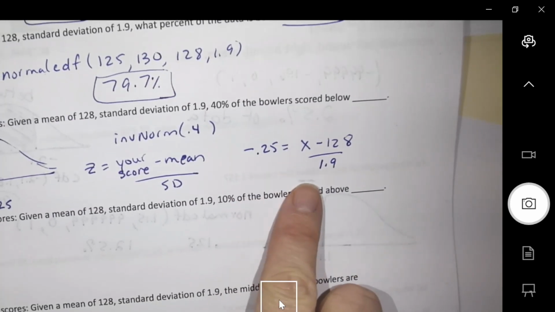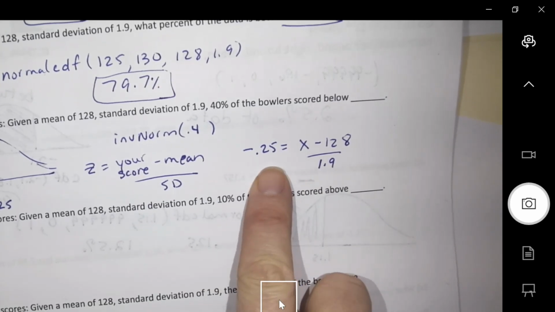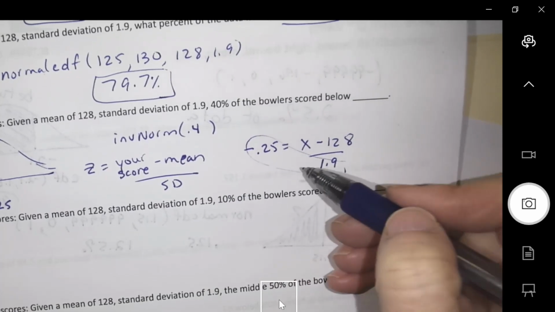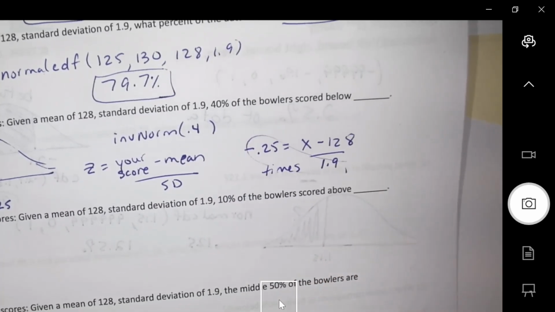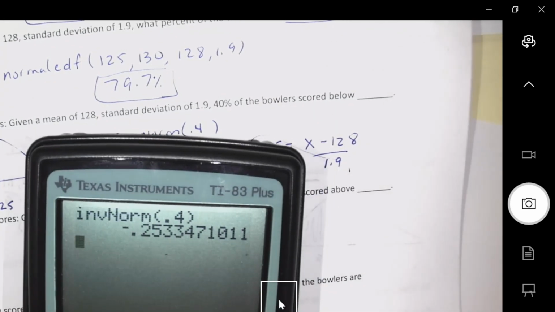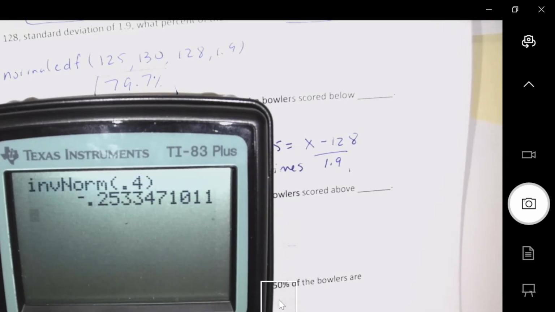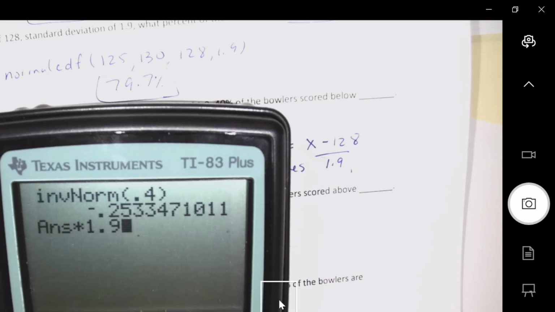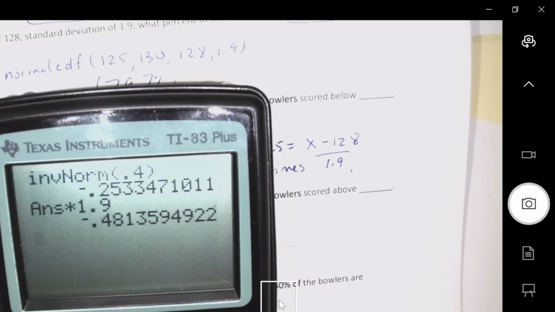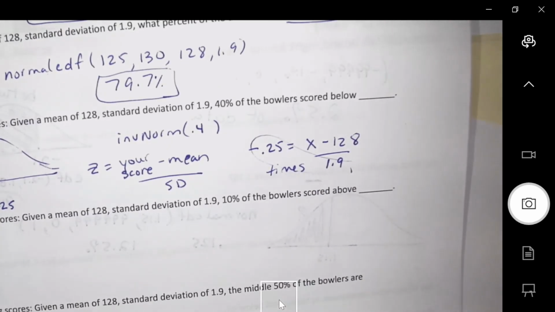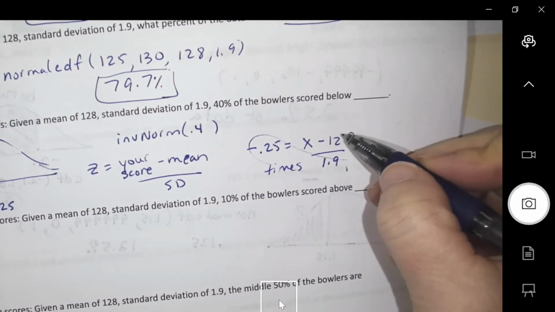Okay, what should I do with my algebra here? What's my first step? I should times those, okay? This is what I would really like you to do. I have it on there and I don't want to round it, so I'm just going to go times 1.9 equals. Then, what's my other algebra step?